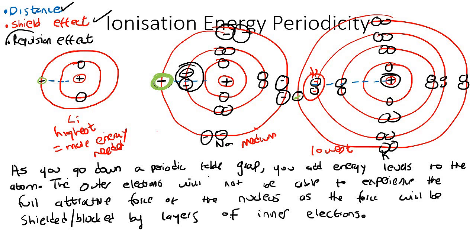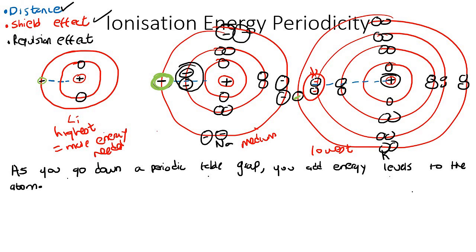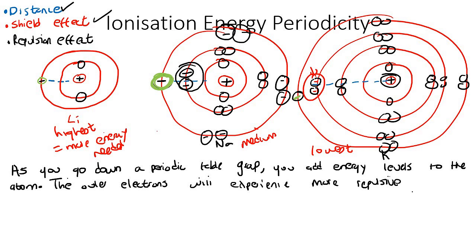Okay, now we're just going to talk about the repulsion effect. Okay, so for the repulsion effect, I'm going to keep the first sentence, and then we're going to say the outer electrons will experience more repulsive forces from the electrons in the inner energy levels.